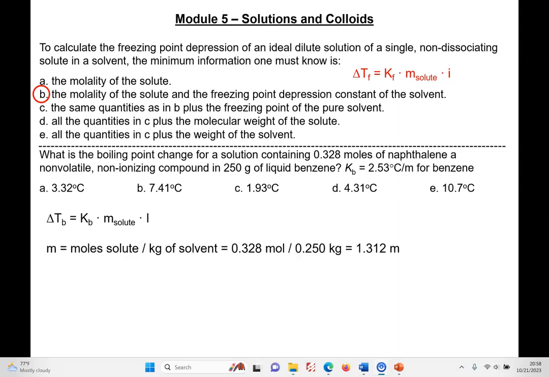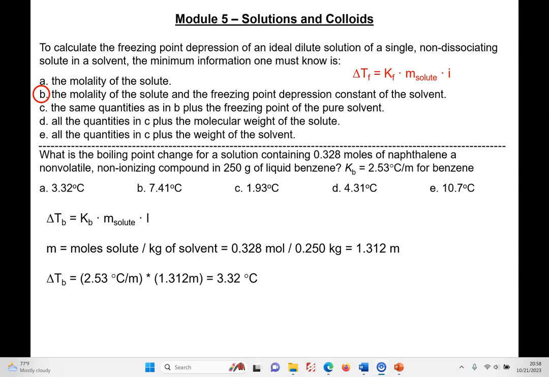So we want to solve for molality, moles solute divided by kilograms of solvent. So 0.328 moles divided by 0.250 kilograms. We just took our number in grams and divided it by 1,000. We get 1.312 molal.